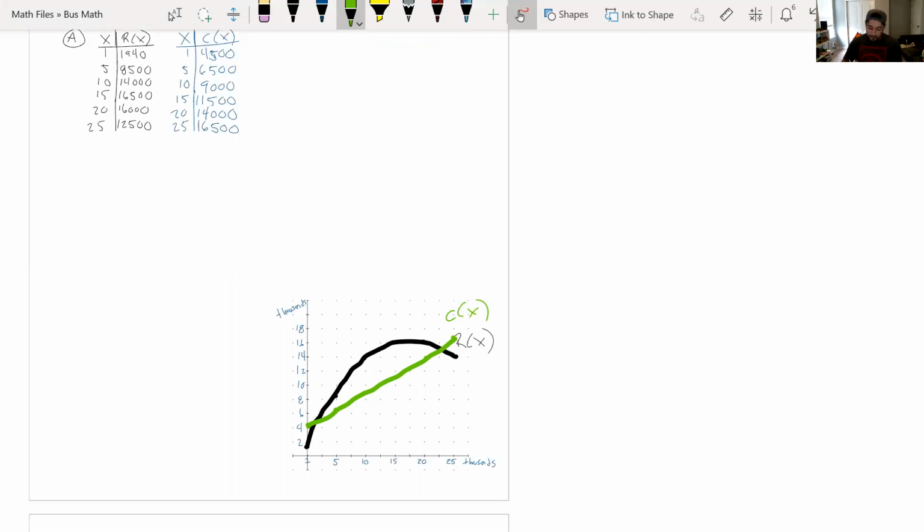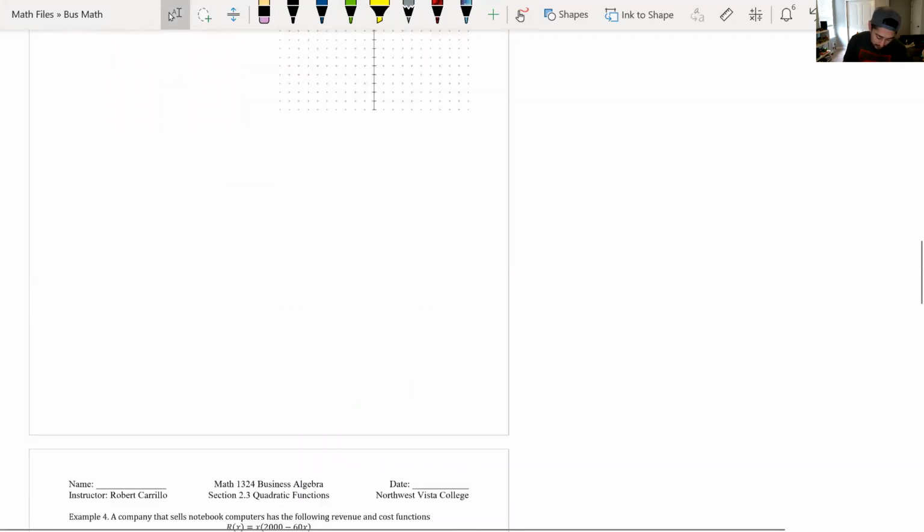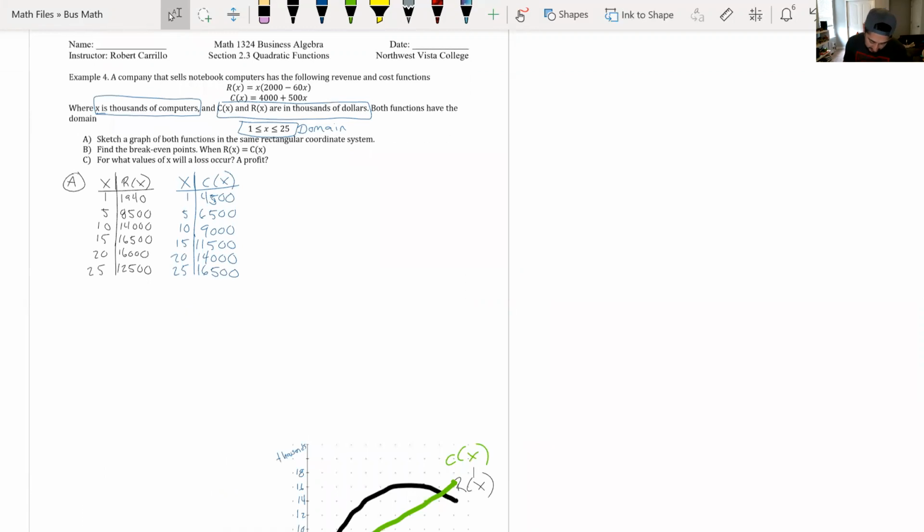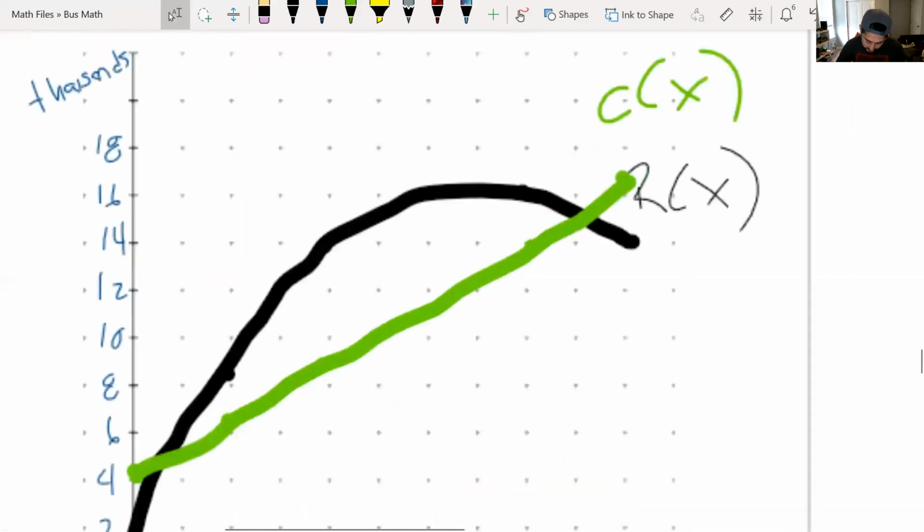Okay, excellent. So graph that. Now we just did A. B wants to find the break-even points. We want to know where are the points that the revenue and cost function intersected at. So that's what we want to find.